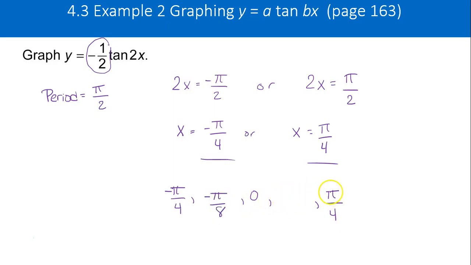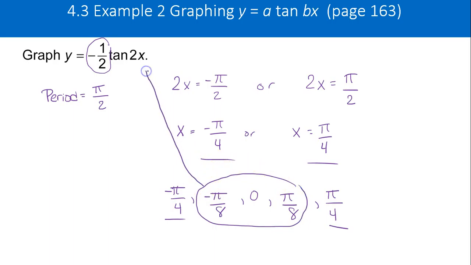And then again, this interval right here, this number is going to come from half of this. So again, divide by 2 to get pi over 8. So these are the vertical asymptotes, and these are the x values that we use to find the y values and plot on our graph by plugging these x values into our function.